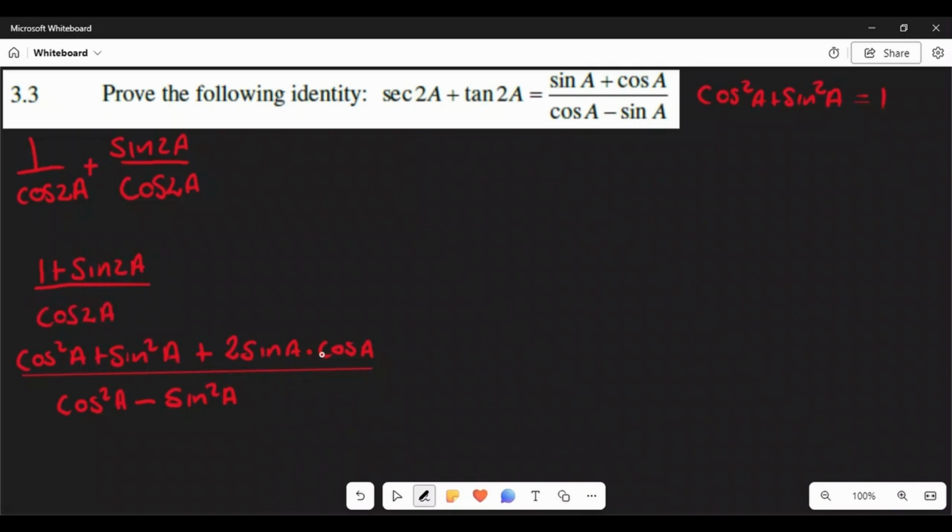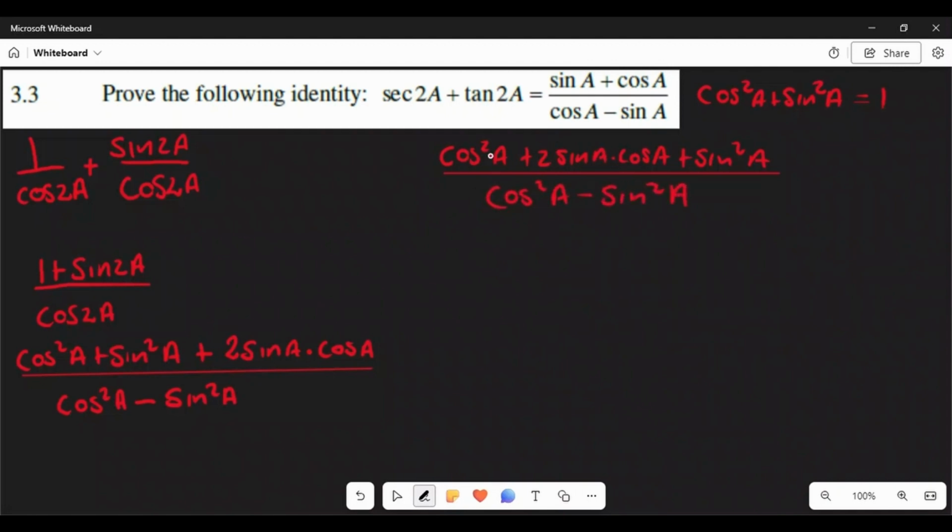When you look at this numerator, guys, this is actually a quadratic. We can rewrite it like this. You can say cos squared a plus 2 sine a multiplied by cos a plus sine squared a, divided by cos squared a minus sine squared a.